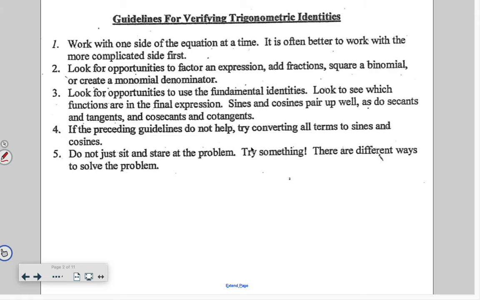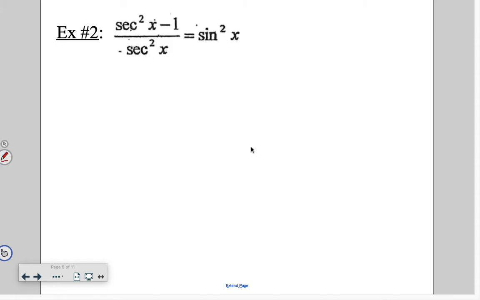So if you take a look, this is what's at the top of the sheet on your examples. These are just some guidelines, just some things to think about as you're working with trig identities. A lot of these we've already talked about, but now it's in writing. One quick thing, by the way, if you take a look at the first example, here's an example of a trig identity, verifying versus simplifying.